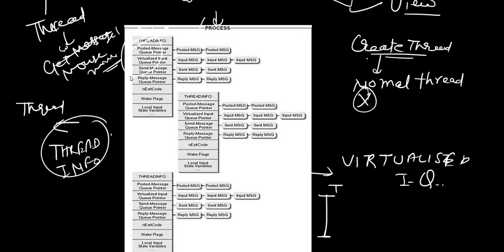But as soon as any Windows function is called or any Windows functionality is invoked, at the same time a virtualized input queue is created. This queue is a dynamic queue and it gets associated with this thread. This is because this thread keeps looking into this particular queue. We call it the virtualized input queue.